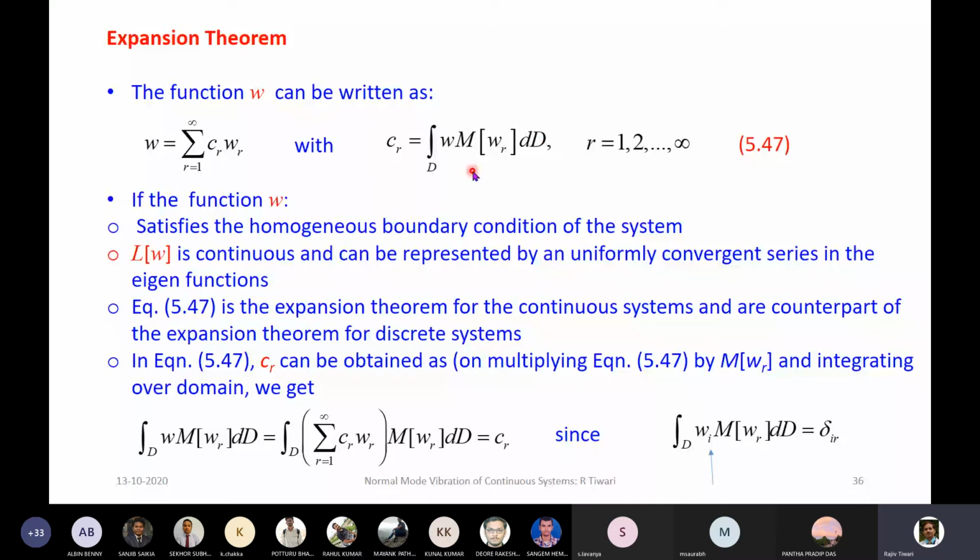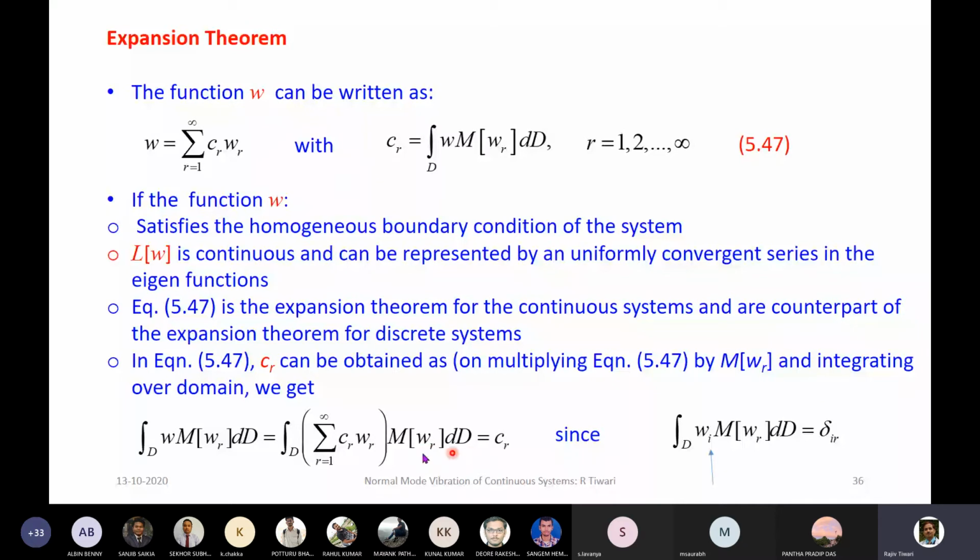I will explain how this can be obtained. Basically, if we multiply this equation by M operator WR and integrate over the domain on both sides, and here also I have multiplied by the M operator WR and integrated over the domain.